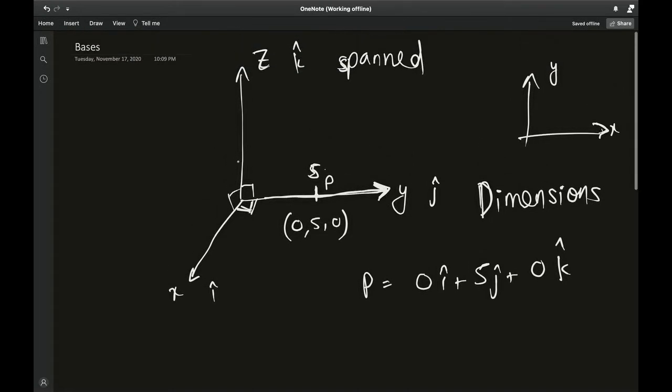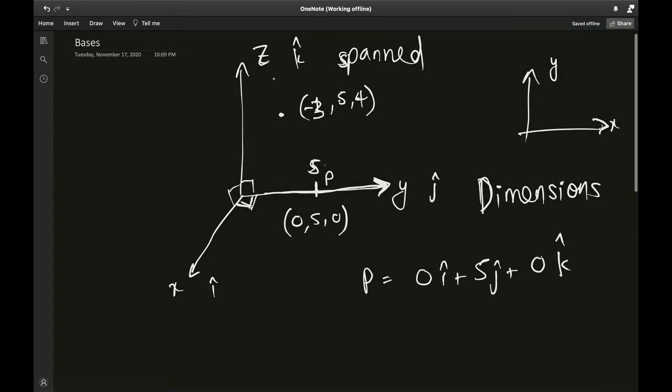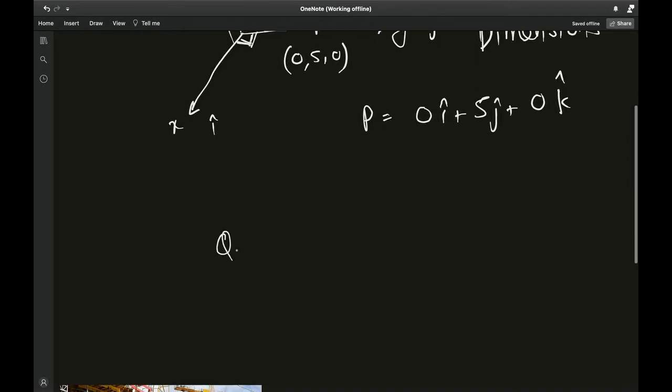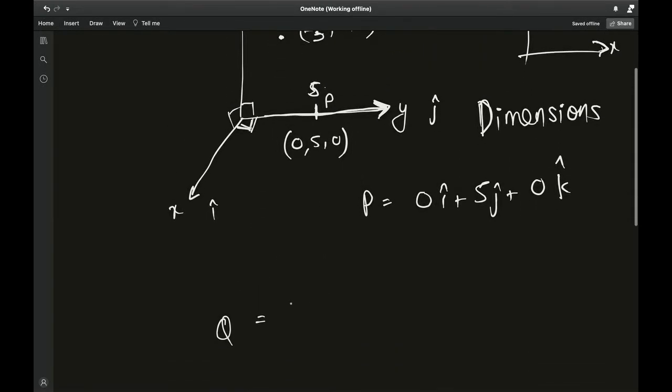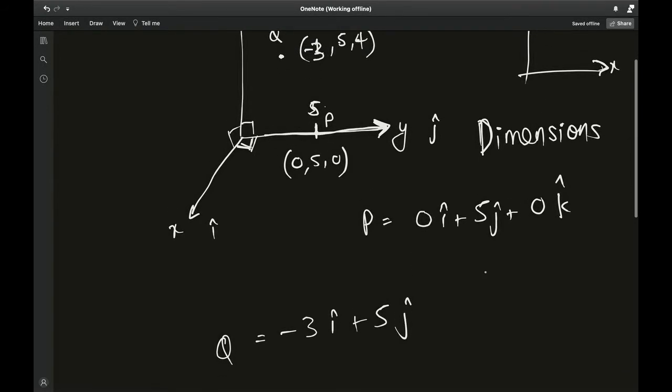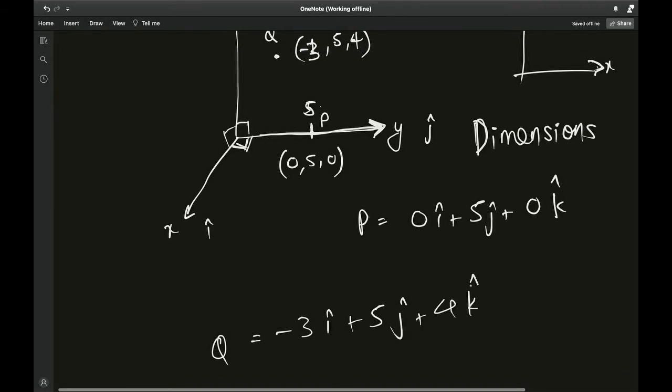But if we want to denote an arbitrary point, somewhere over here, let's make it (-3, 5, 4). Okay, this point, let's call it Q. So now Q can be represented as -3 i cap plus 5 j cap plus 4 k cap.